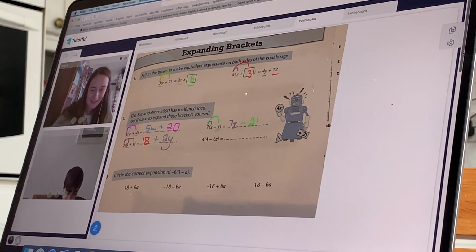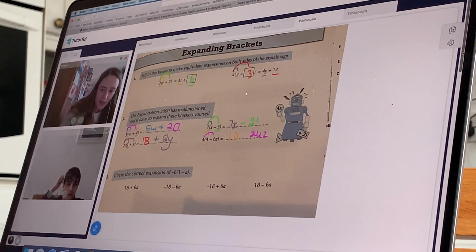Okay, 6z. So for this one, do the first one first. 4 times the first thing. 4 times 4, 16. Add 6z. No. 24z. Not 24z. You were closer before. There's just one thing missing from the 24z.